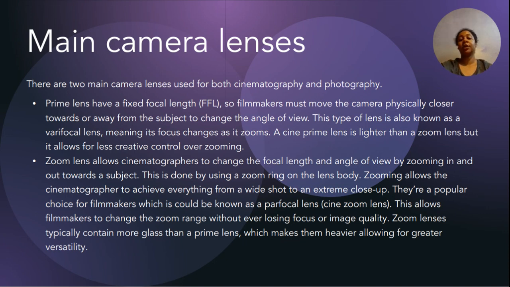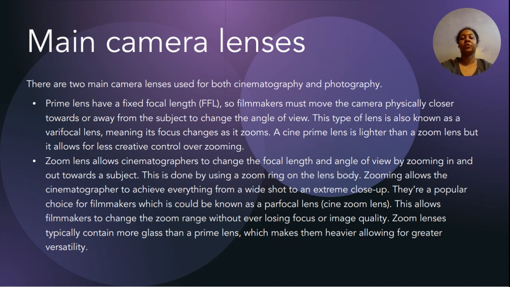It's much lighter than a zoom lens, but it does restrict, as I mentioned, the creative control in terms of the amount of zooming you can do. You're just limited, basically.